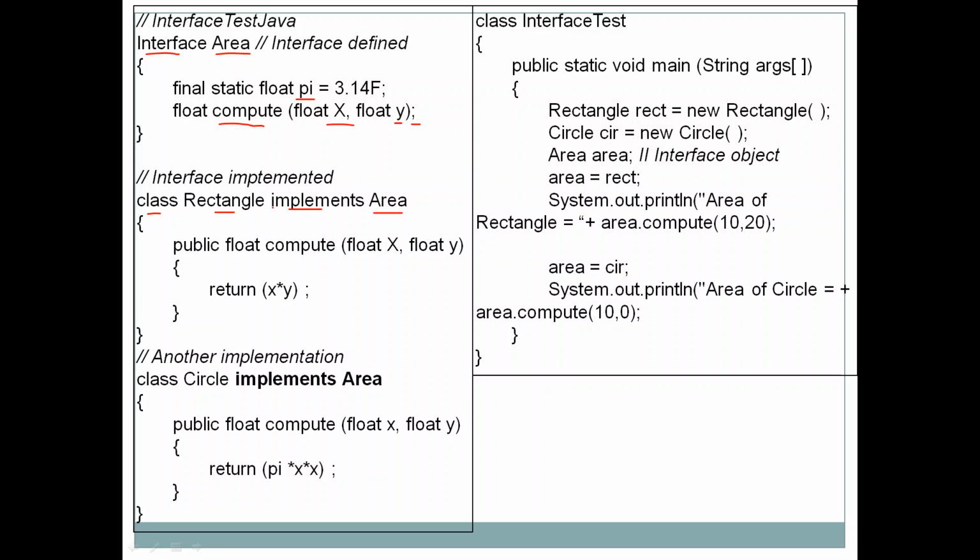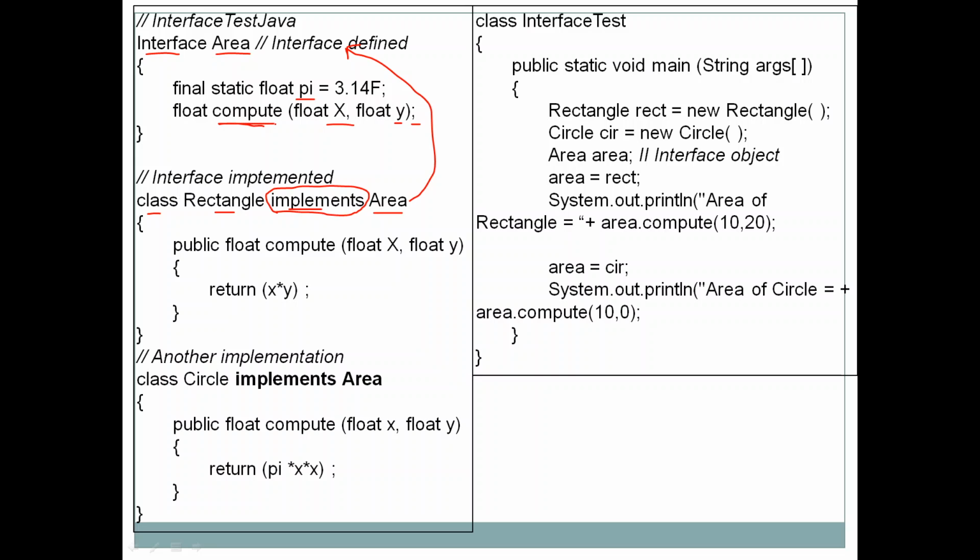Now, as I have said, to inherit from an interface, the keyword which is used is the implements keyword. When a class inherits from an interface, the keyword implements is used. It is inheriting area. As rectangle is inheriting area, the rectangle class needs to redefine the method which is included in area.